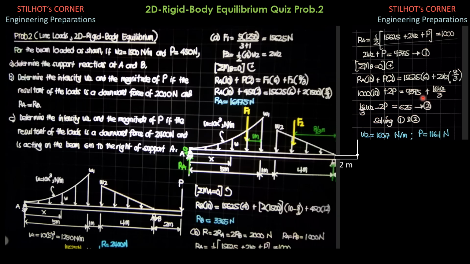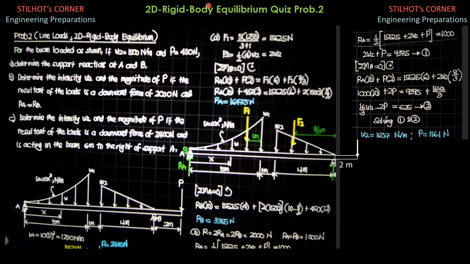That's 1562.5 times 6. So simplifying, we have 16W2 over 3 minus 2P equals 10,000 minus 9,375 is 625. Call that equation 2. Solving these two equations simultaneously, we obtain W2 160.7 newtons per meter and P is 116.1 newtons.